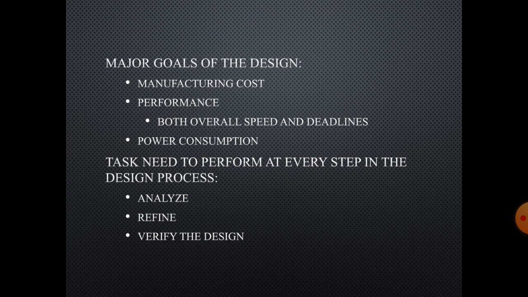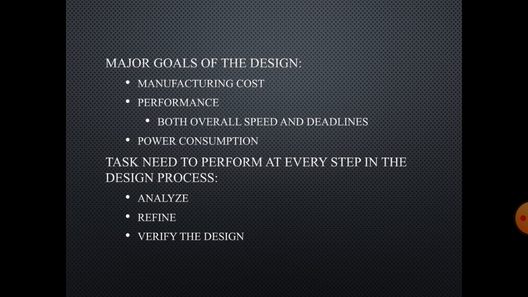Next, the tasks needed to perform at every step in a design process. Next, we are going on about the level of abstraction. At every level, these three tasks need to be performed at each level of abstraction. First task is analyze.